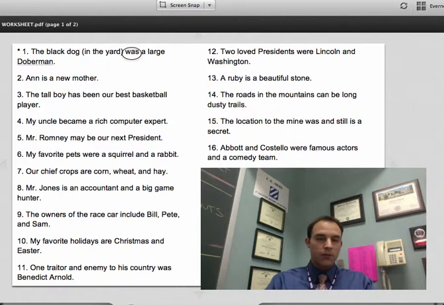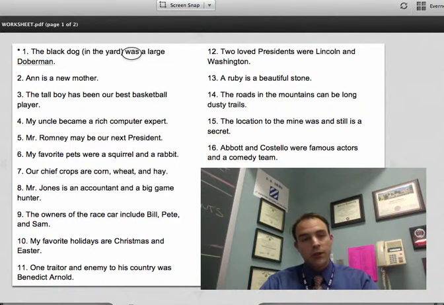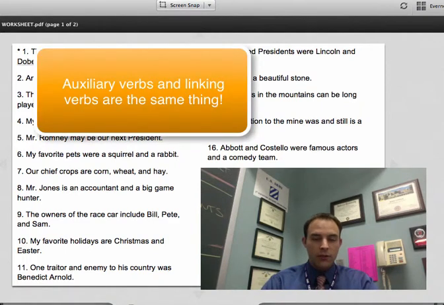It clarifies the subject. Speaking of the verb, that's going to bring us to the point. In this case, we're going to be talking about linking verbs, which are also known as auxiliary verbs. So these subject complements only happen when you have linking verbs or auxiliary verbs. You don't have one of those real tangent actions like we were talking about last time, like hit. That is not a linking verb.